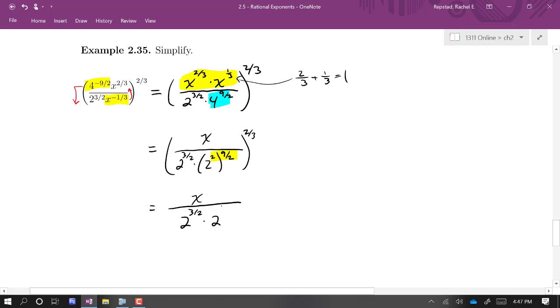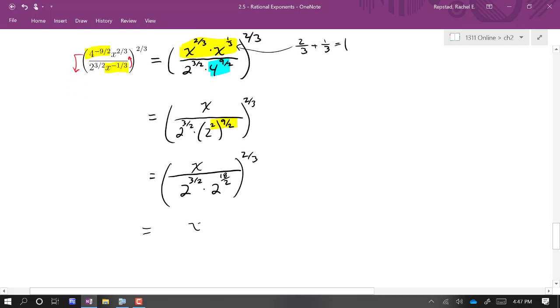And I'm just going to go ahead and write that as 18/2 because I'm going to add those exponents. So that is all to the 2/3 power. Adding those exponents, we're going to get 2 to the 21/2. And this again is still all to the 2/3 power.